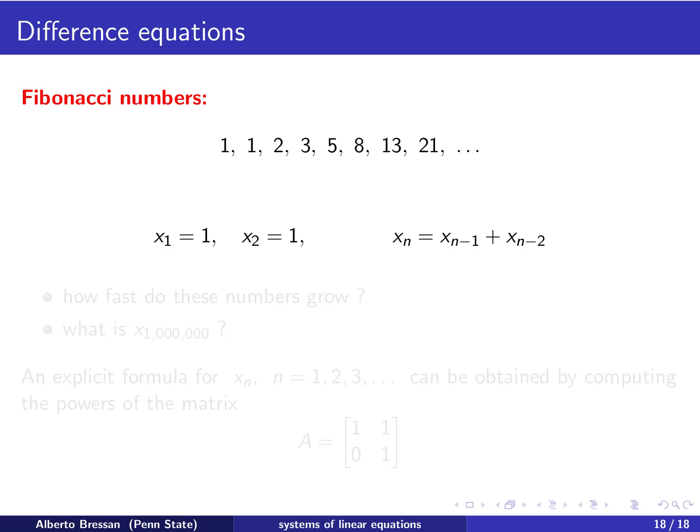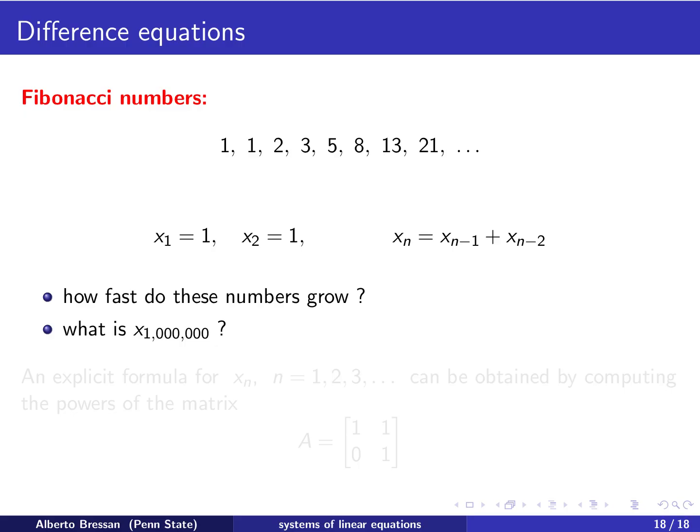So this can be compactly written in the following expression. We have x1 is 1, x2 is 1 as the initial condition, and then for subsequent numbers, xn for n is 3, 4, 5, any xn will equal xn minus 1, the previous one, plus xn minus 2, the second previous one.